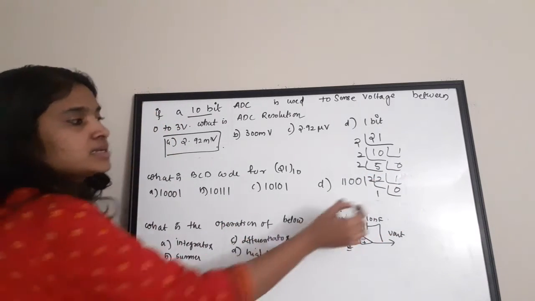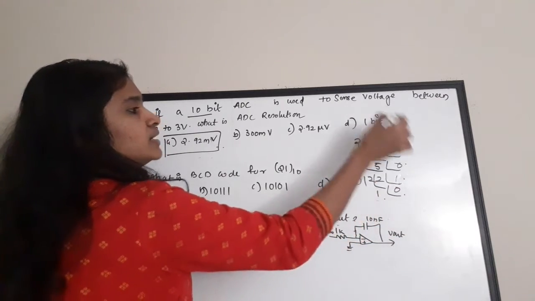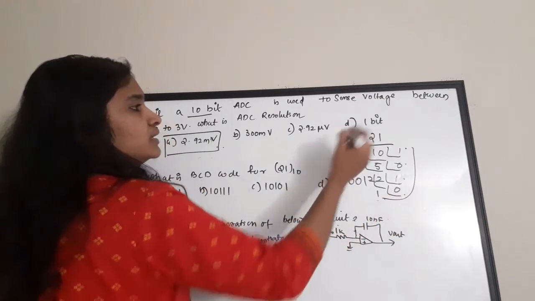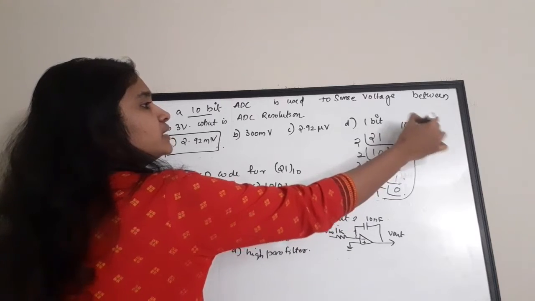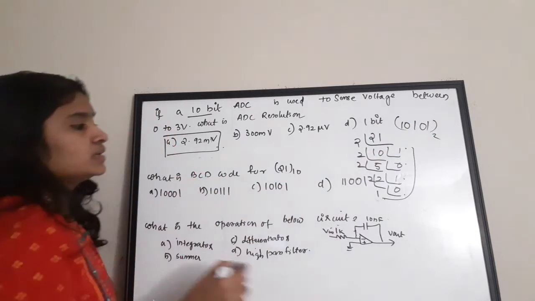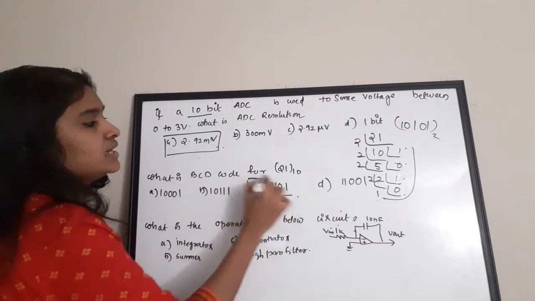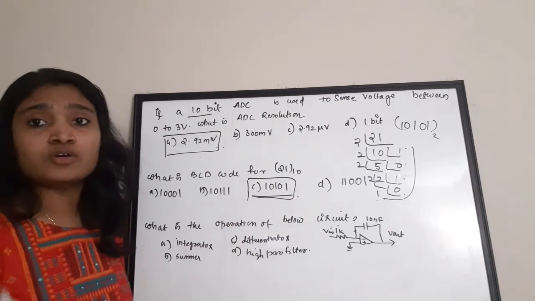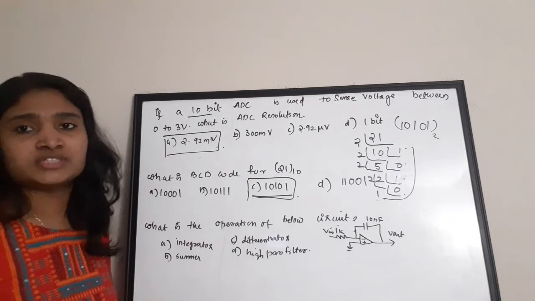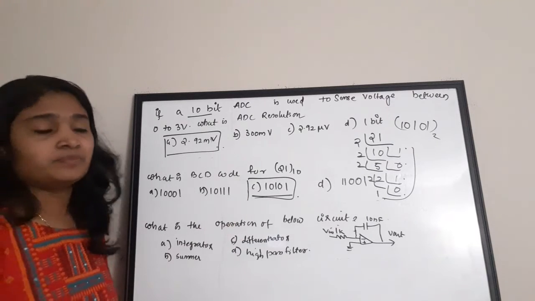So the answer is 10101. That is 10101 to the base of 2. The answer is C. 10101 is the representation of 21 to the base of 10. The correct answer is option C.